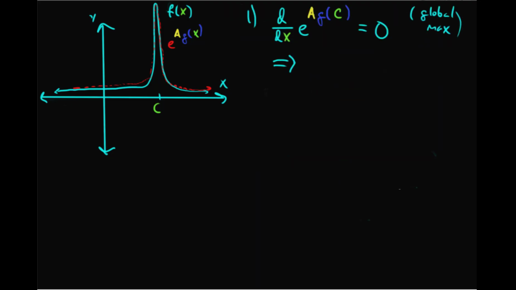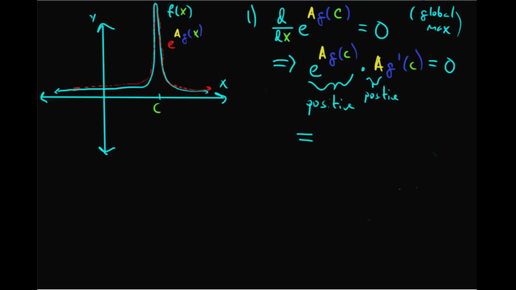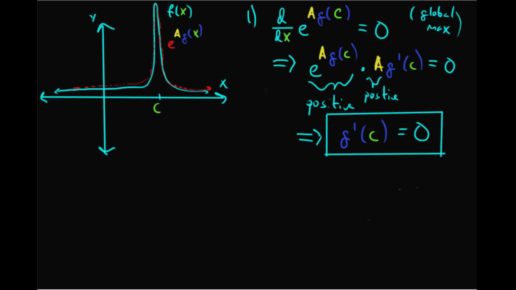So now performing this differentiation, we'll have that e to the a times g of c, now using the chain rule, times a times g prime of c must equal 0. But e to the a times g of c must always be positive, and therefore a times g prime of c equals 0, and we've already stipulated that a is a positive constant, so this therefore implies that g prime of c must equal 0.